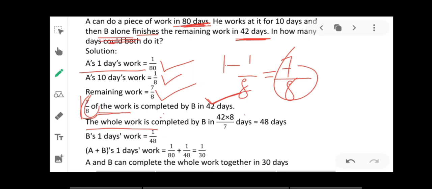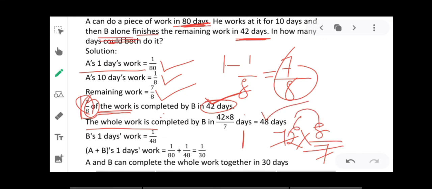7 by 8 of the work is completed by B in 42 days. Then whole work means 1. So the whole work is completed by B in 42 into the reciprocal of 7 by 8, that is 8 by 7. So 7 into 6, 7 6 is 42, so 6 into 8, 48 days.